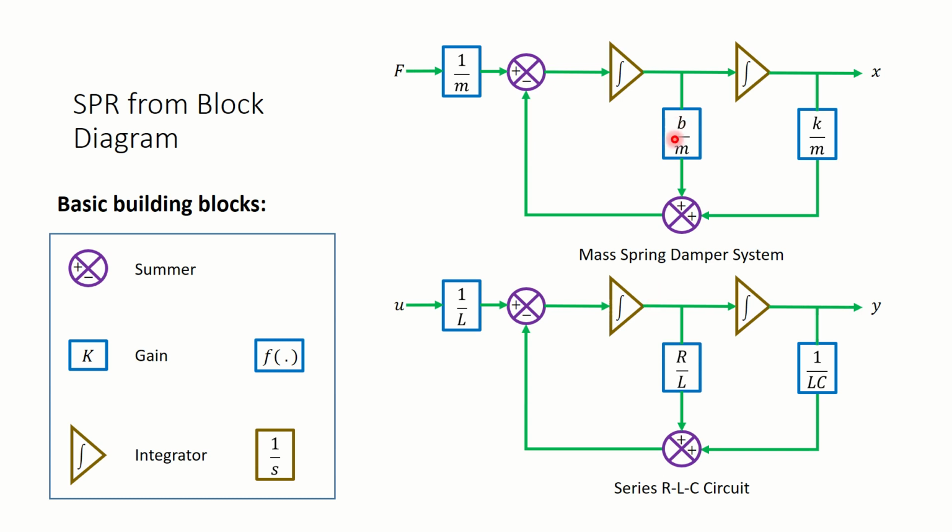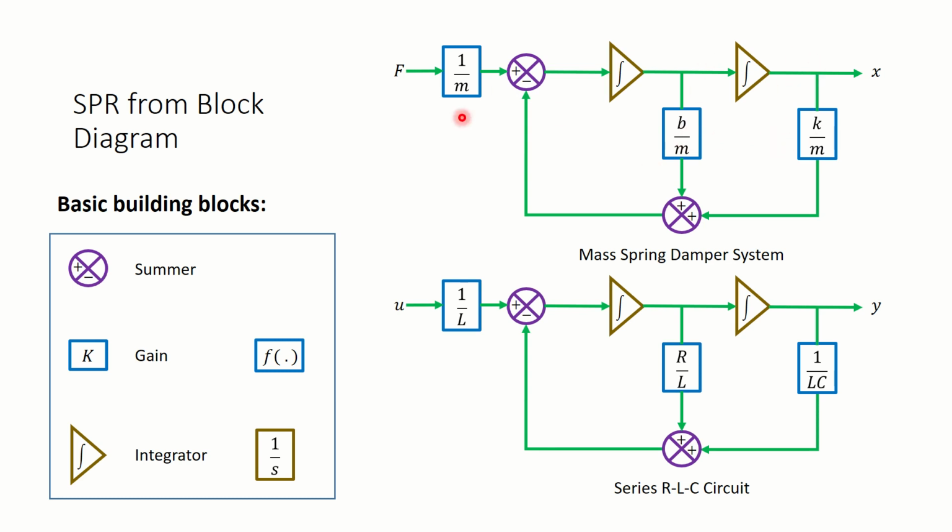You don't need to have any understanding of what exactly x1 and x2 are in terms of the physical system. When you are deriving the state space realization from the block diagram, you don't have any idea about the real physical system. You simply are seeing a block diagram. So x1 and x2 can be anything.